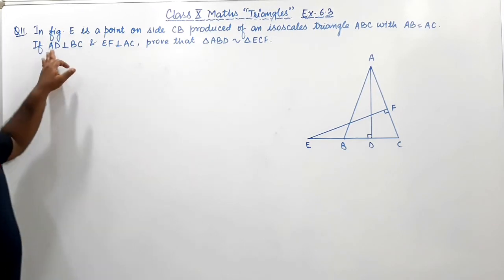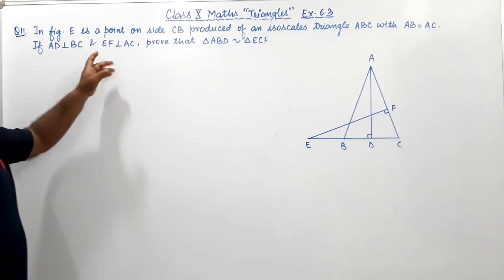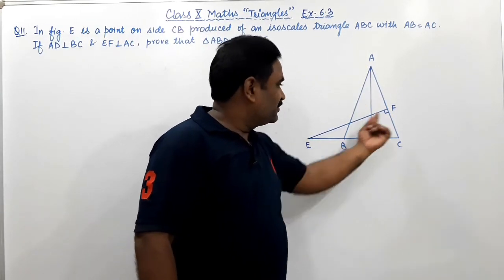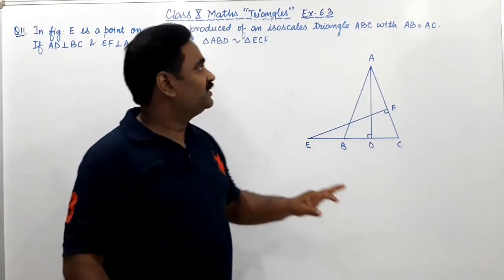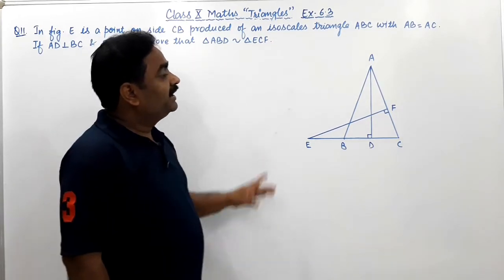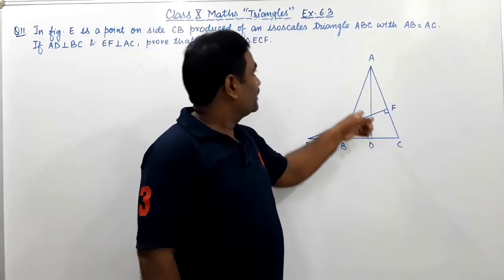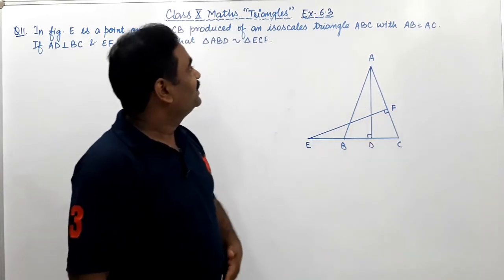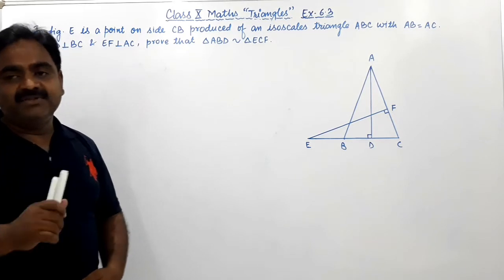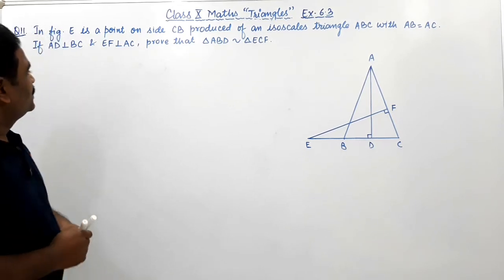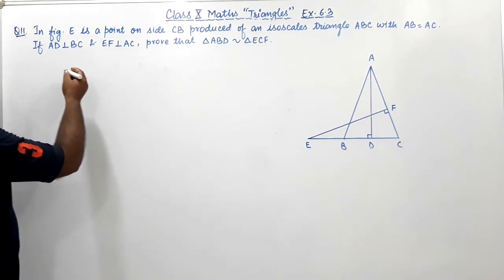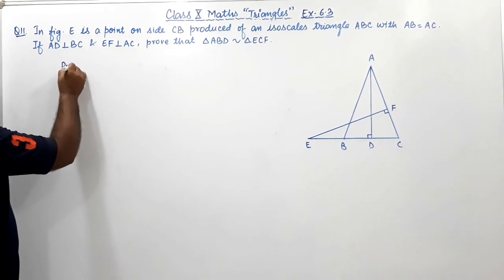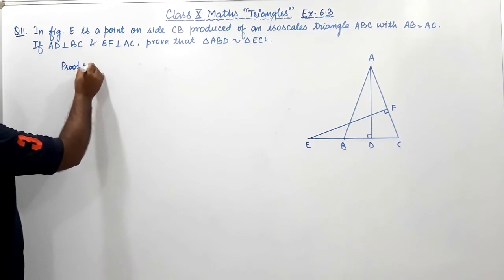If AD is perpendicular on BC and EF is perpendicular on AC, then show that triangle ABD is similar to triangle ECF. These two triangles we are going to prove similar. Okay friends, so you need to write down data and to prove. So let us see the proof of this question.